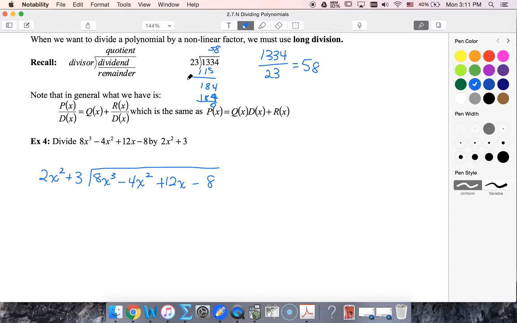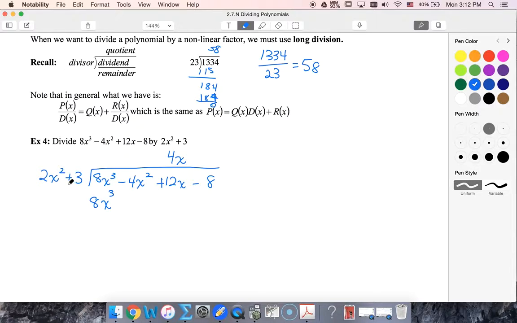So just like when I'm thinking about dividing with numbers, I think about 2x squared and dividing that into 8x cubed. So to turn 2x squared into 8x cubed, I would need to multiply by 4x. I'm going to line that up with the x terms. So I'm going to take 4x and multiply it by my divisor. That's going to give me 8x cubed.